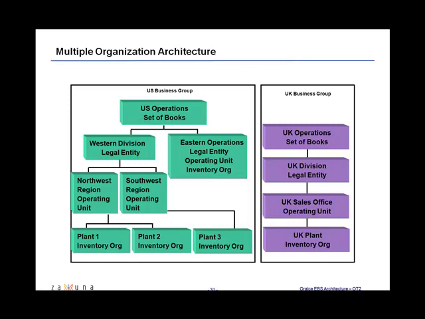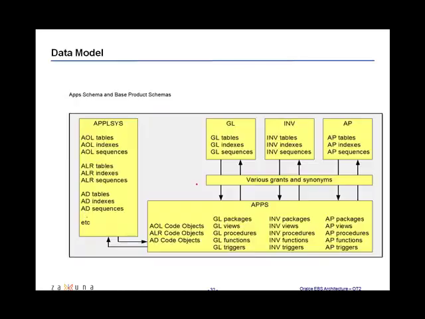Taking this logical representation down to the database, let's see how it is represented in the database. We will look at the data model, how the tables are structured, and how the views are defined on top of the tables to partition the data in the next segment.